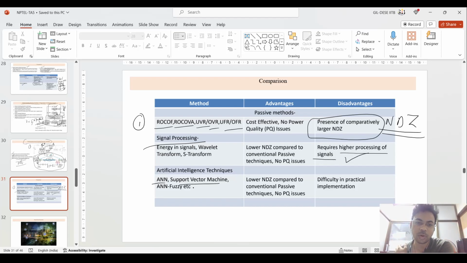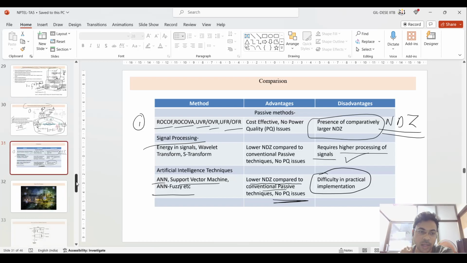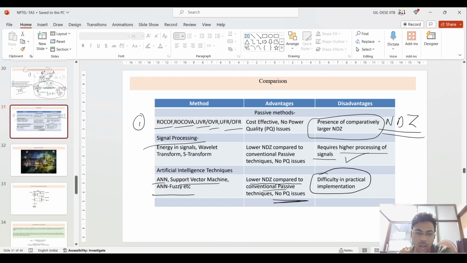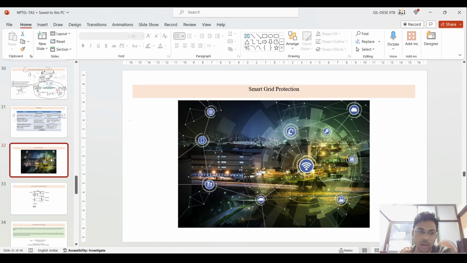And you can also use a deep learning or machine learning based solution such as ANN, SVM, that is support vector machine, and ANN fuzzy logic for detection of the islanding situation. It also has a lower NDZ compared to the conventional ones, and the PQ issues are also handled. But the difficulty is very high, because of how to implement this deep learning based solution in real time systems.